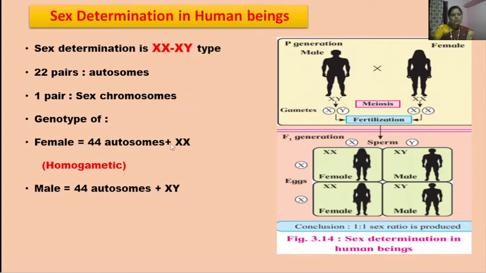So 44 plus 2 gives 46, in male as well. These XX and XY help in sex determination, and the 44 are the autosomes. Then males are called heterogametic.